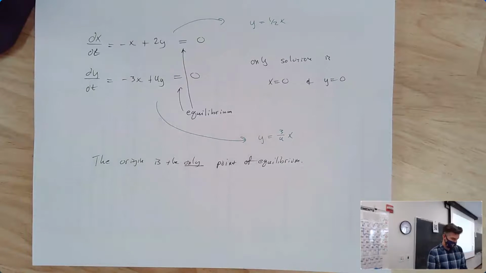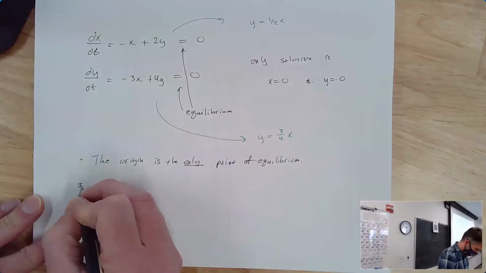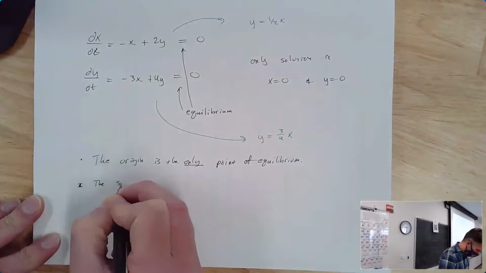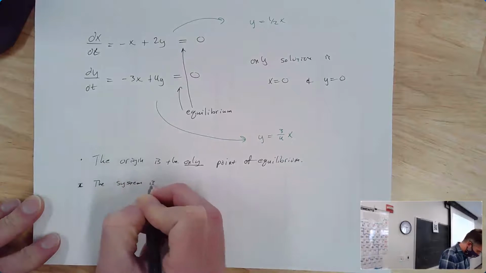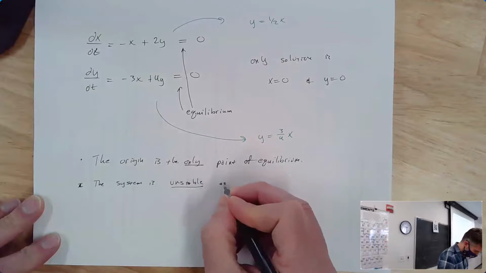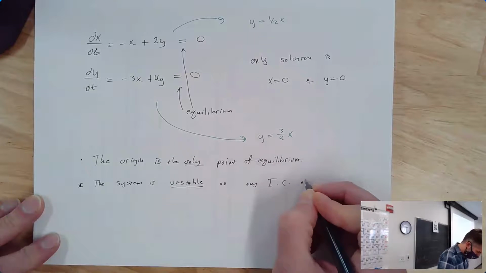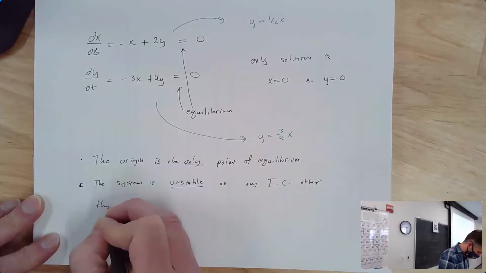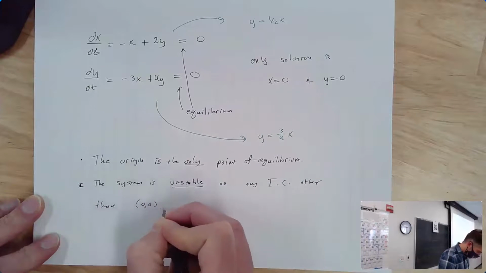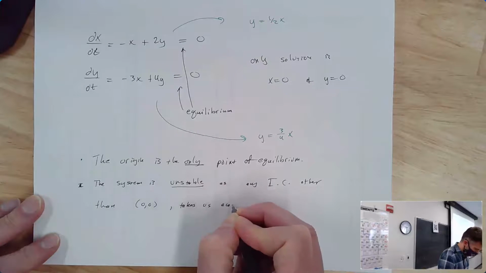Yeah, and so the system is unstable as any initial condition other than 0, 0 takes us away from equilibrium.